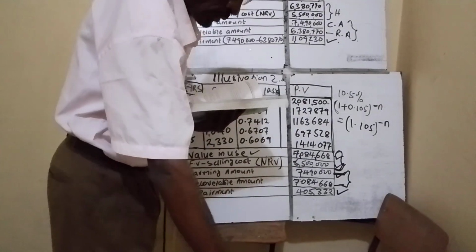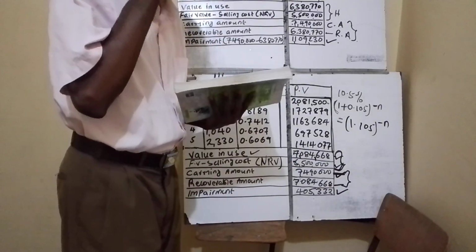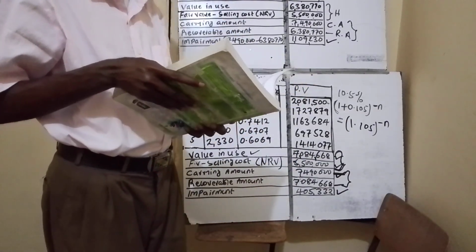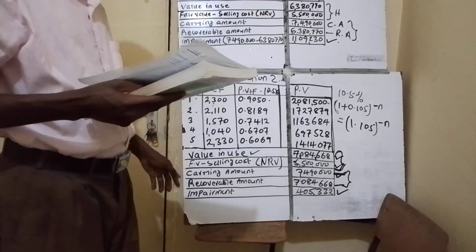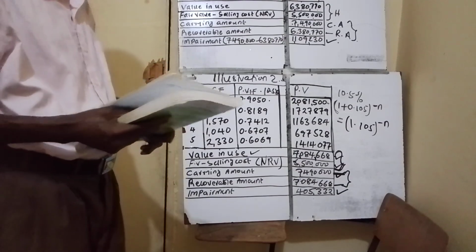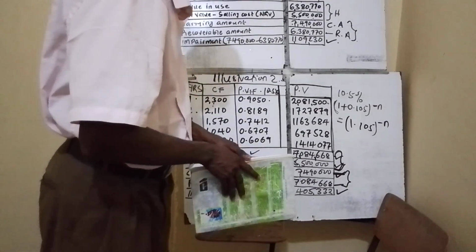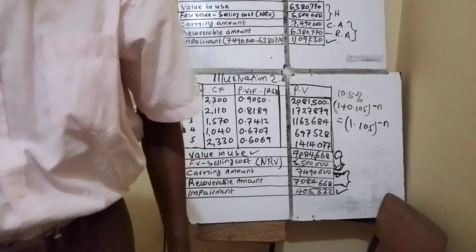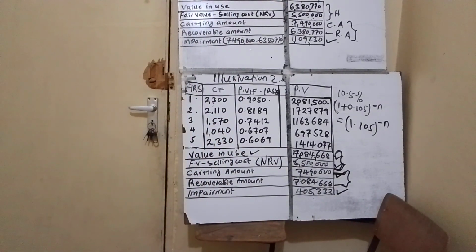Remember, when does impairment occur? Impairment occurs when the carrying amount is more than the recoverable amount. And how do we establish recoverable amount? We compare the value in use and the net realizable value.